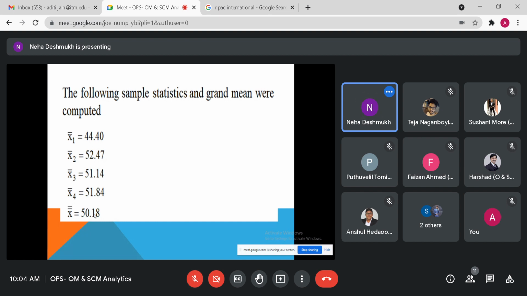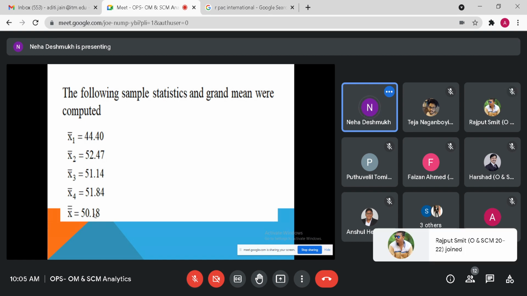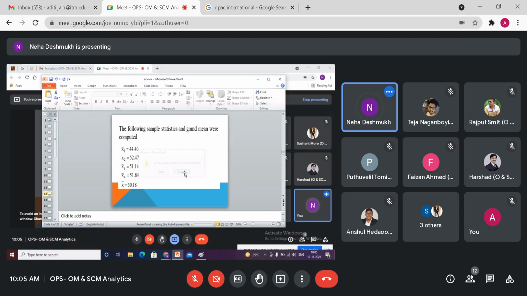Calculate the average: 44.40 plus 52.47, 51.14, 84 plus... Now it's 49, almost 50, that means 49.96, which is about 50.18, right? Yes, class.